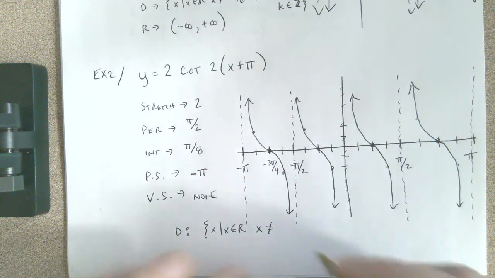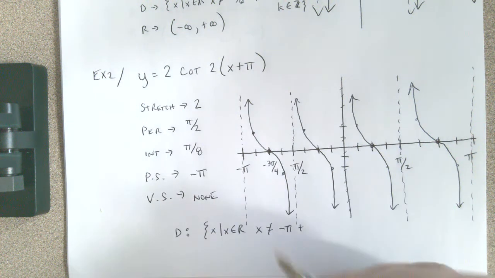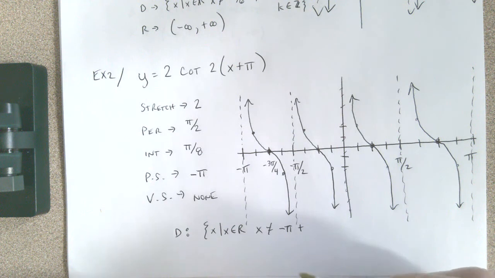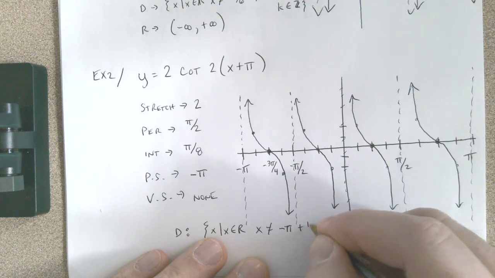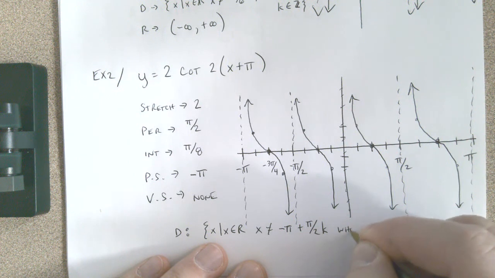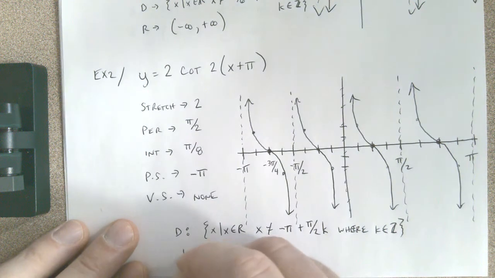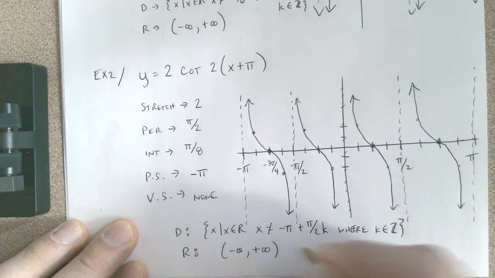On this one, I'm just going to start at negative pi plus, we know the period length from negative pi to the next asymptote is pi halves, k, where k is an element of all the integers. And then our range here is from negative infinity to positive infinity.